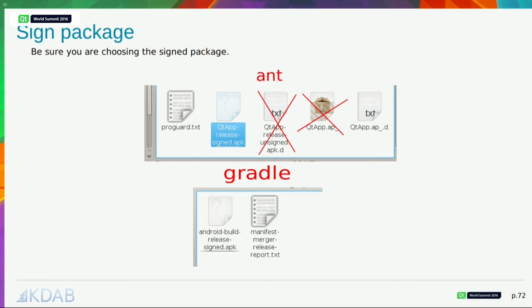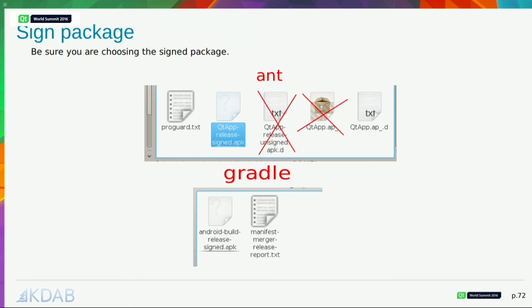And after you press the build button, Qt Creator will open a file manager for you, and if you are using Gradle, make sure you copy this to Android Store. Actually, this is Ant and this is Gradle.